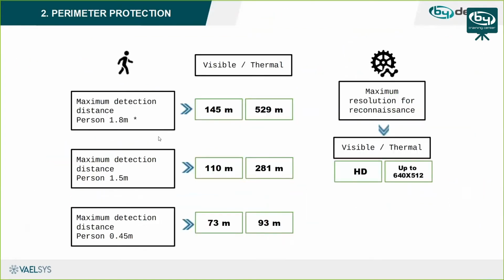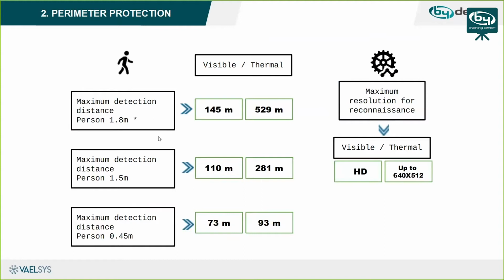So we got a couple of examples here with visible and thermal lenses. So with the visible lens, we got the maximum detection distance of a person that's 1.8 meters tall, 180 centimeters tall. So with the visible lens, you would have 145 meters detection, and with thermal, we go up to 529 meters.